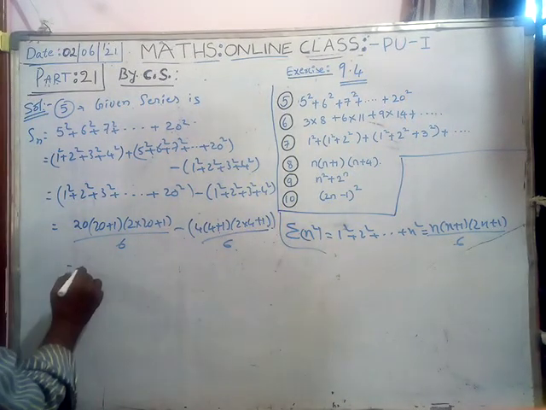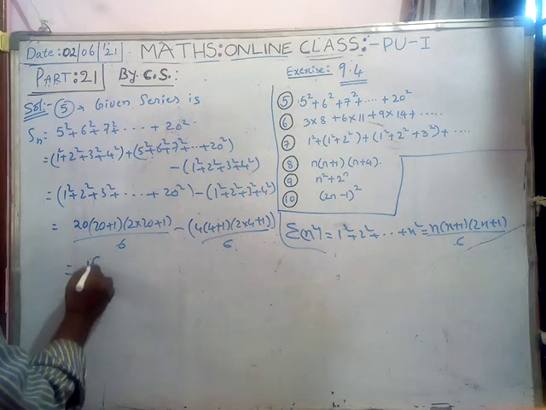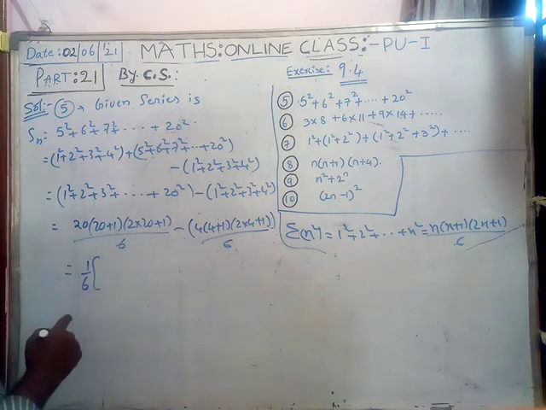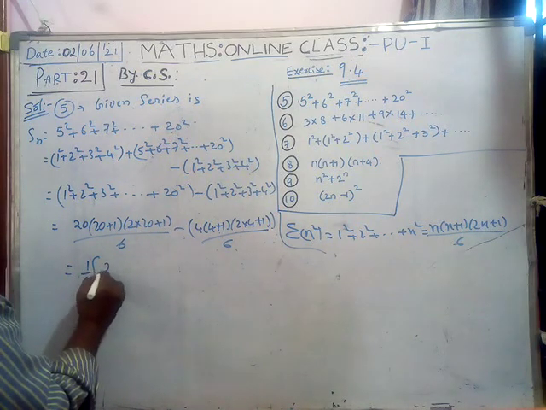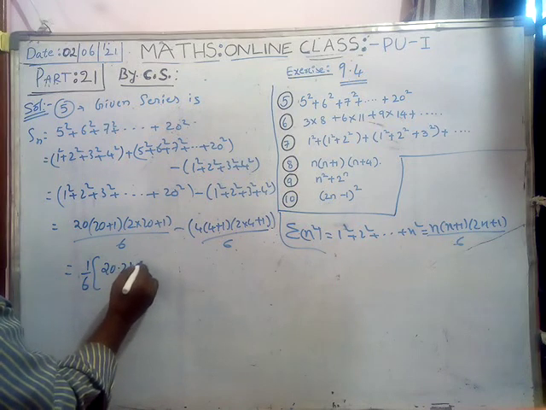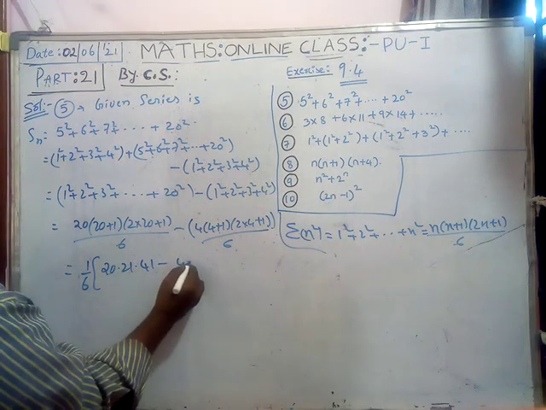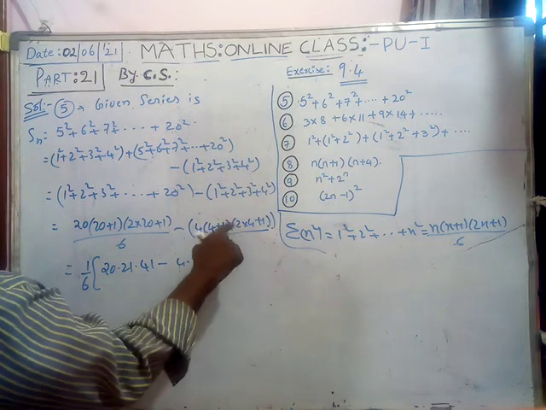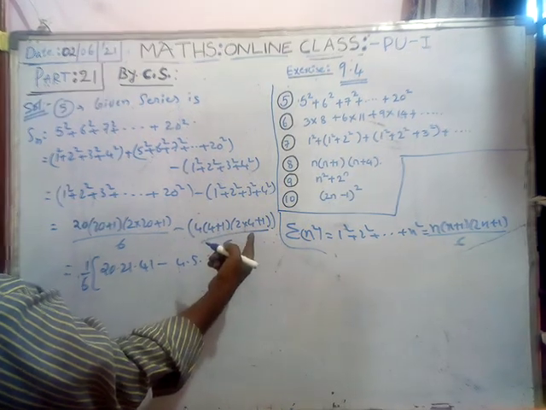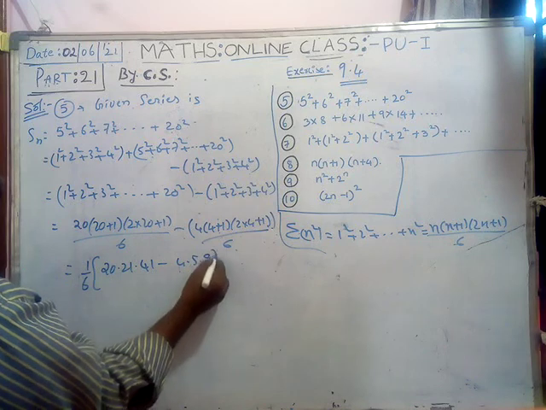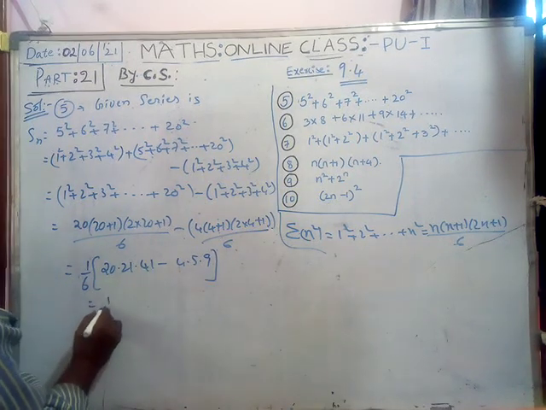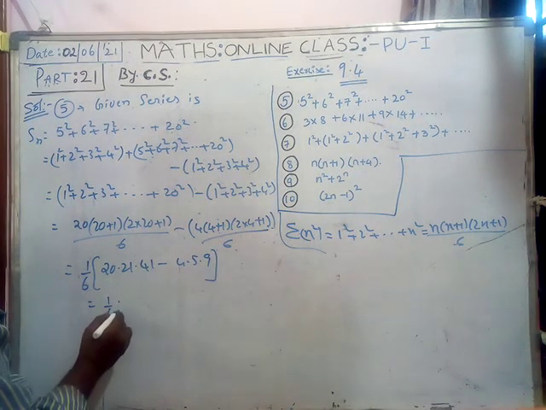That is equal to 1 by 6, which is common in both the terms as the denominator. It is 20 into 21 into 41 minus 4 into 5 into 9, since 2 into 4 is 8 plus 1 is 9. Okay? It is 1 by 6.